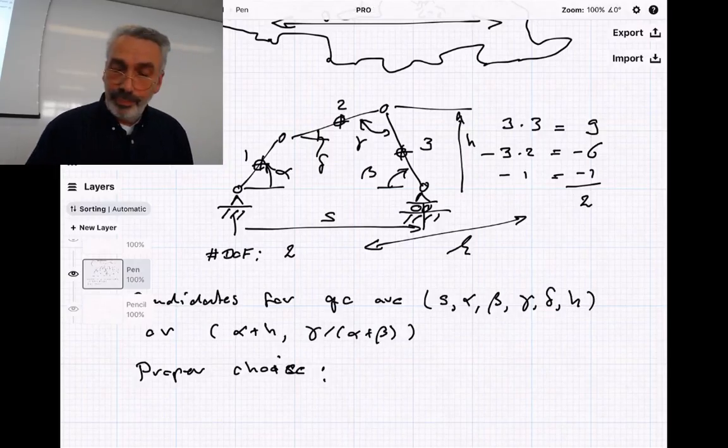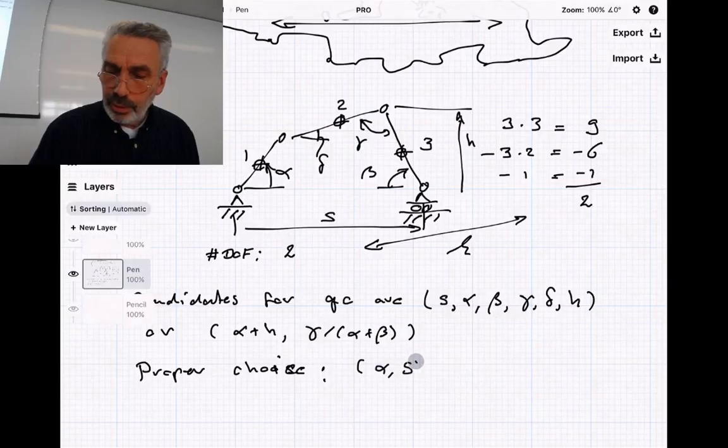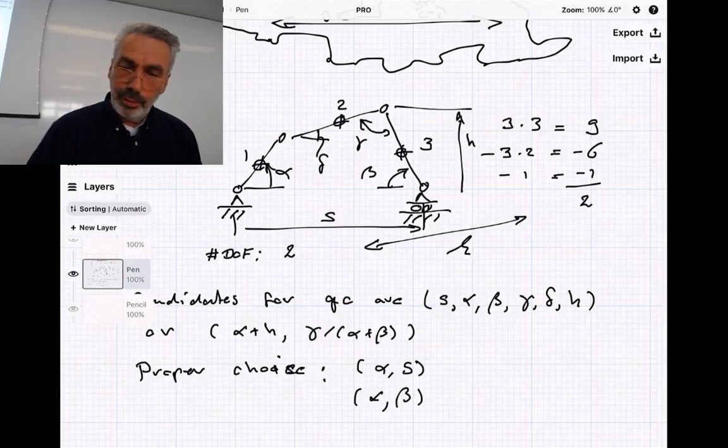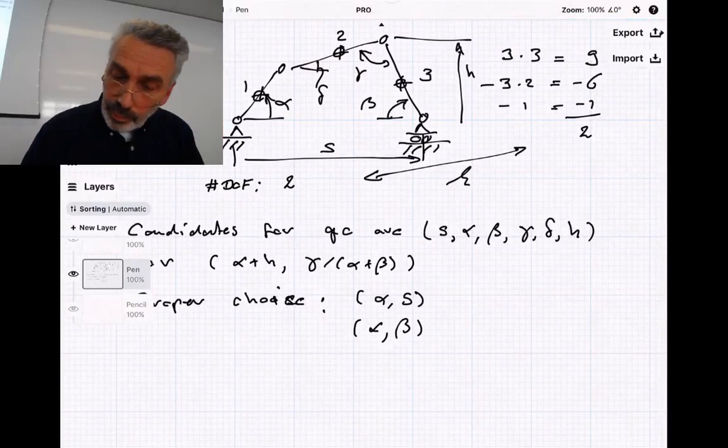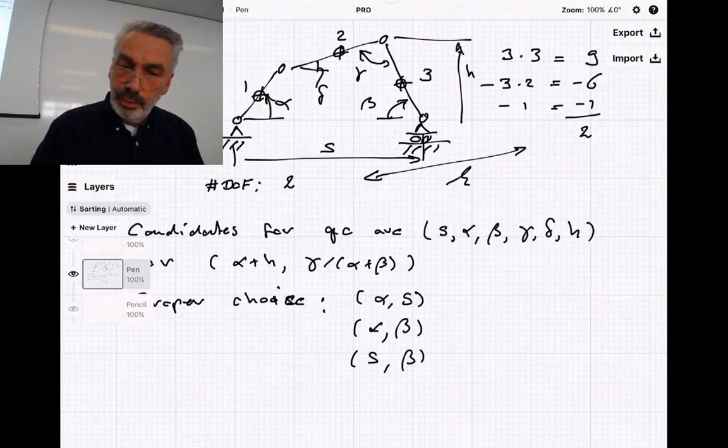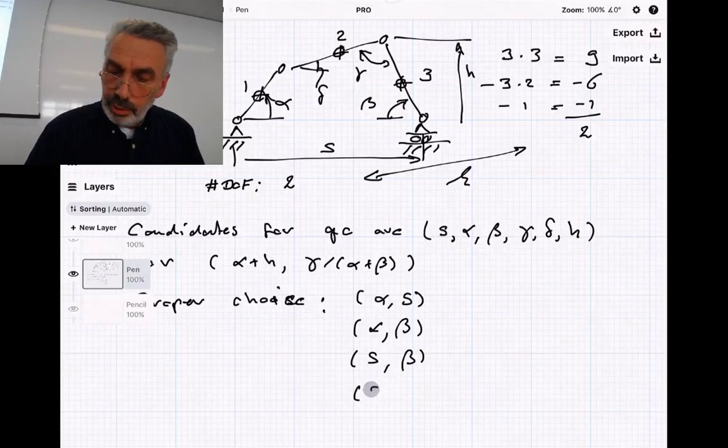Alpha and S. Okay, any other ideas? Alpha, beta. Any others? S and beta, yeah. S and H.